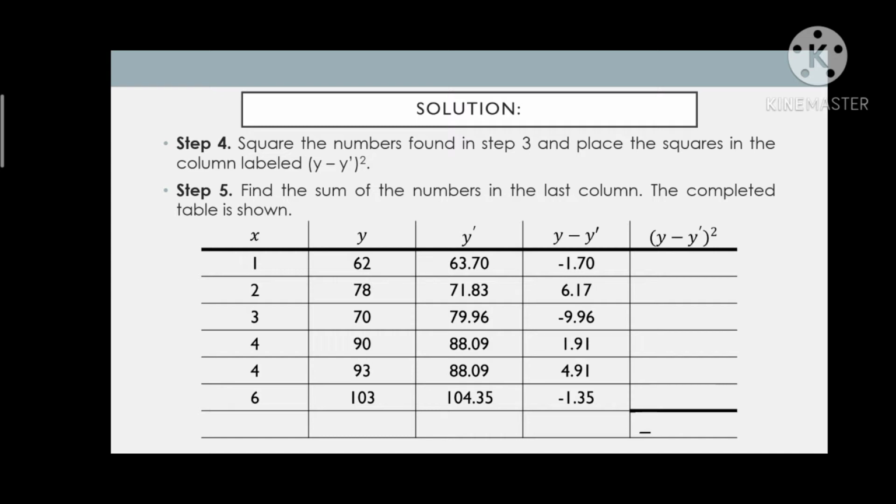Next step is step 4. Square the numbers found in step 3 and place the squares in the column labeled y minus y prime square.